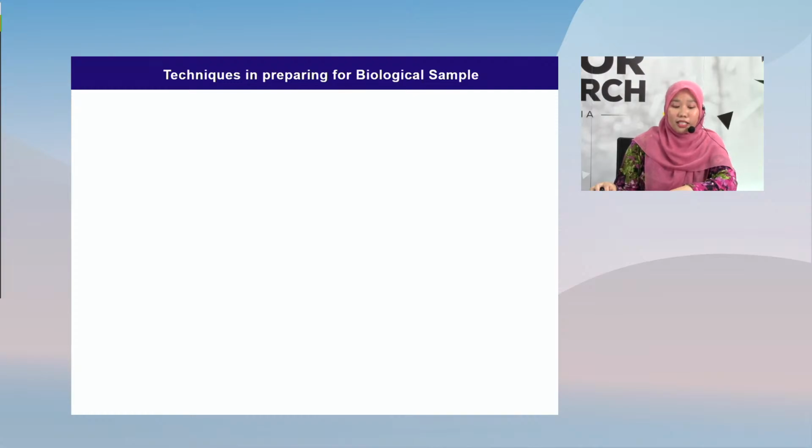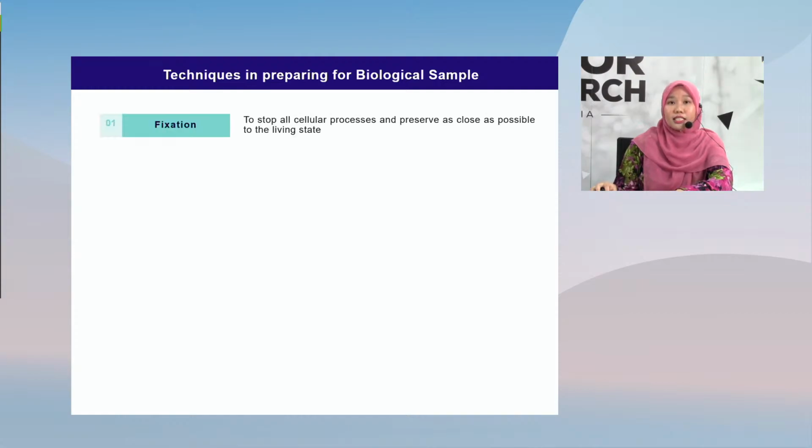For electron microscopy analysis, sample preparation is the most crucial part in producing great results. That's why all samples need to undergo proper preparation before we see them under TEM. First is the fixation.